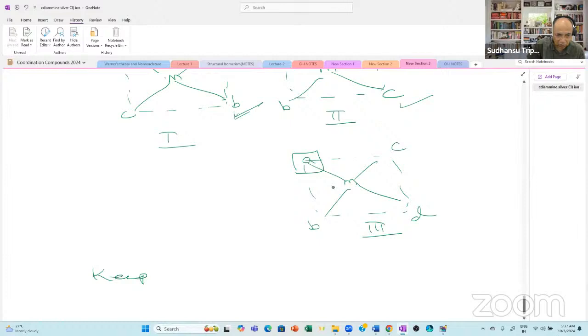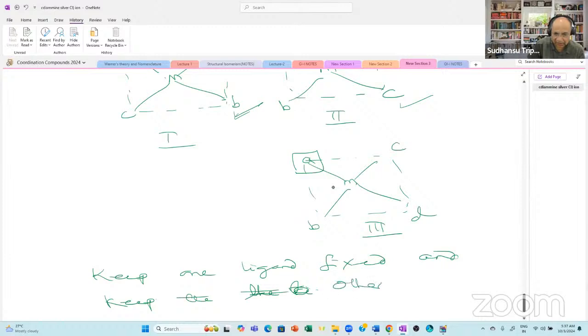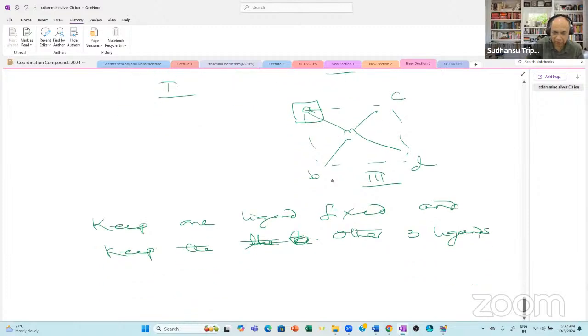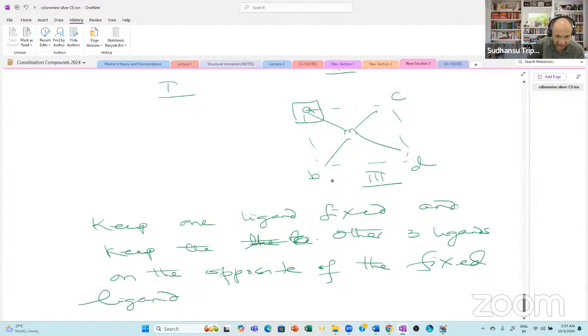Keep one ligand fixed and keep the other 3 ligands on the opposite of the fixed ligand successively.